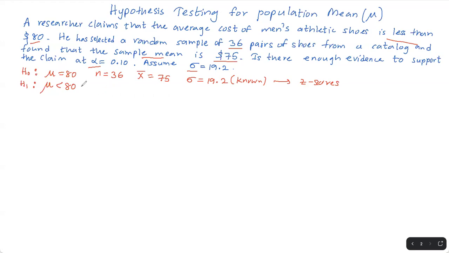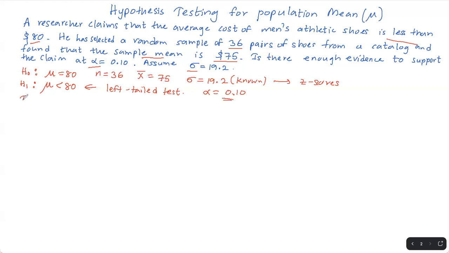And as you can see, this is the less than case, so we are looking at values less than $80. Therefore, this is a left tail test. And the alpha value is given, which is 0.10. So we are going to use this alpha to make the decision of this hypothesis testing.